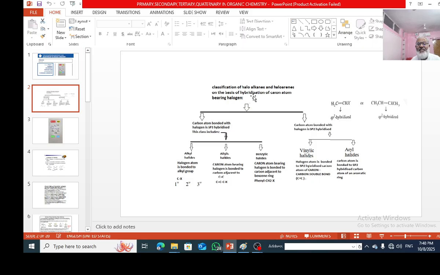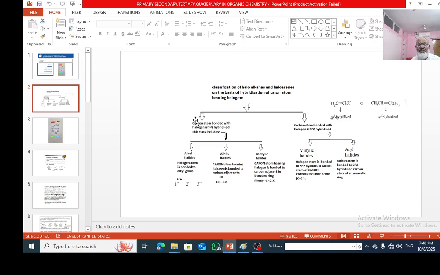On the basis of hybridization of the carbon atom that bears the halogen, this group is divided into two categories. In category one, the carbon atom bonded with the halogen is sp3 hybridized, and in the second, the carbon bearing the halogen atom is sp2 hybridized.